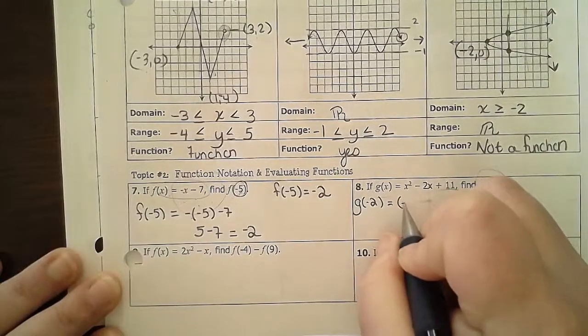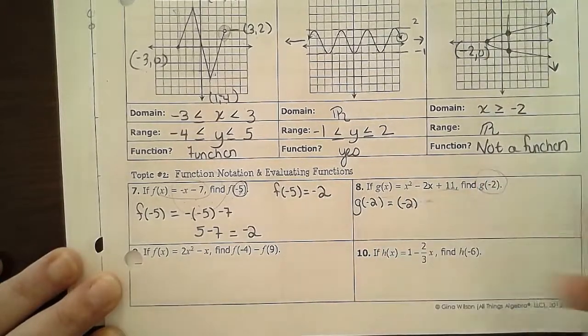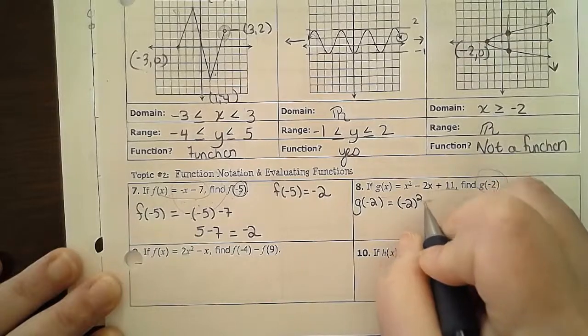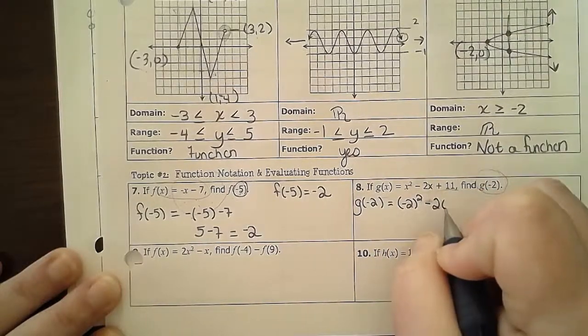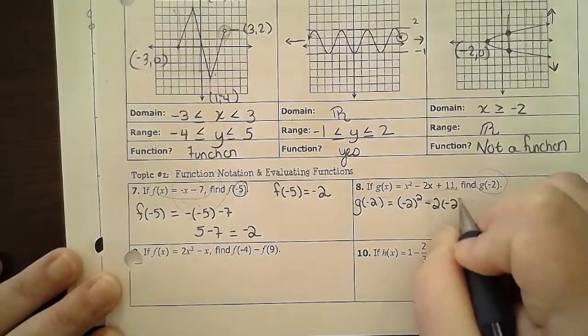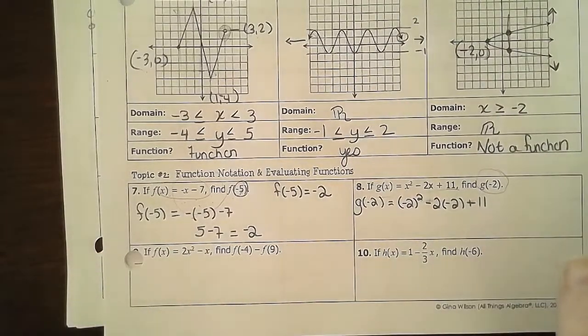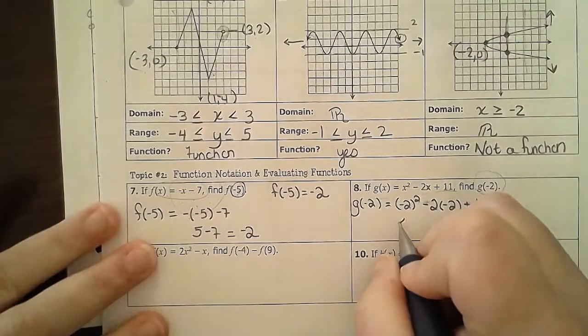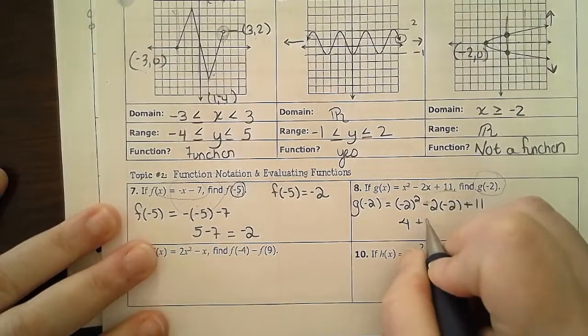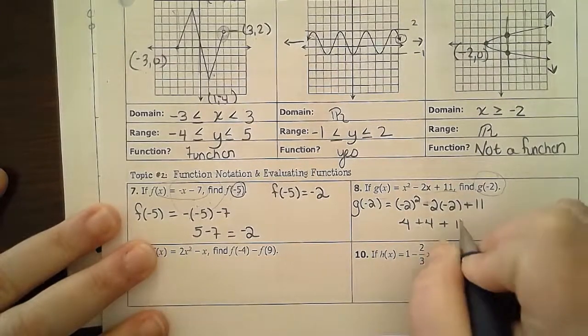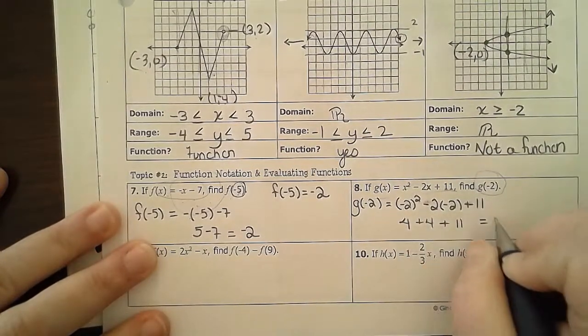Now please be very careful and plug it in. Now remember, when you do this, you could also use your calculator for this and use your store key for this. So this is 4 plus 4 plus 11, so that's 19.